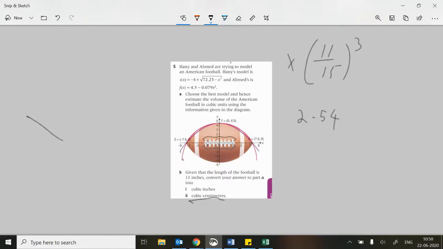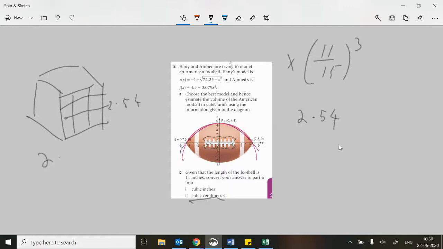So what it means is basically if you have 1 inch cubed, where that's 2.54 centimeters, then for every 1 inch cubed, you'll actually fit in 2.5 rows by 2.5 rows, and then times that by 2.5 again.